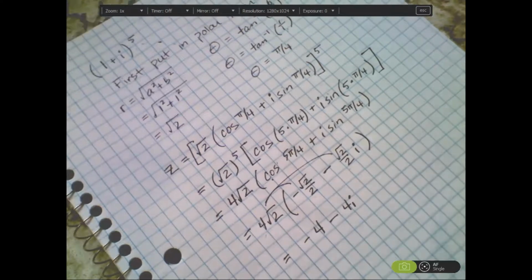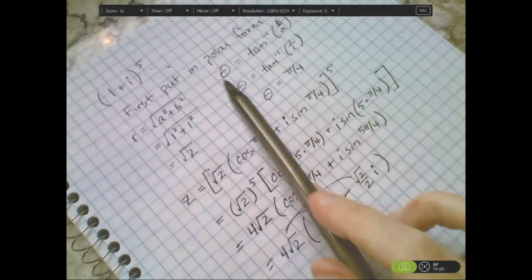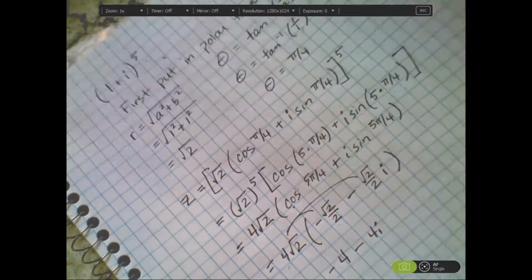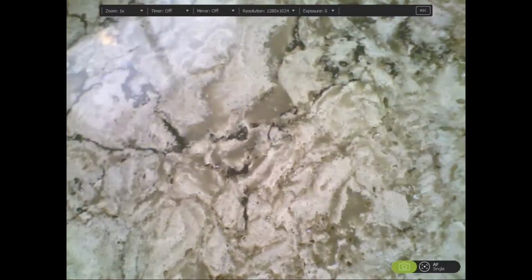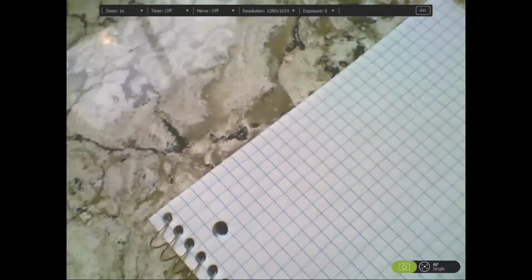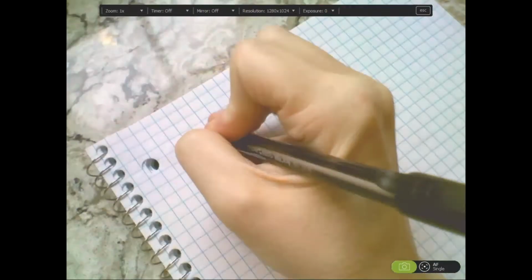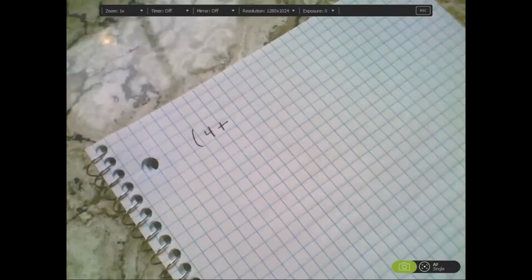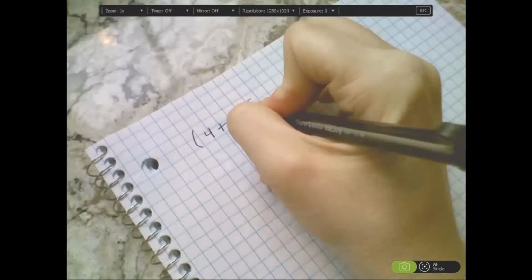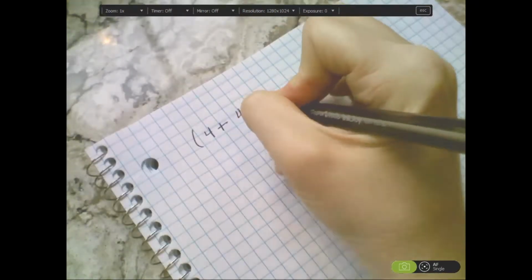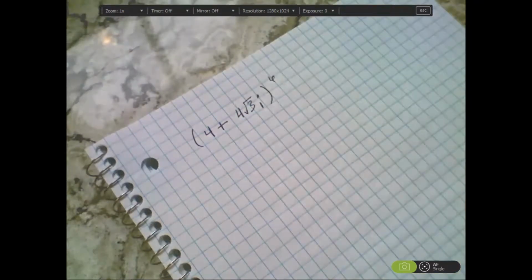Okay, I'm going to do one more like this one where you have to do all this first bit. So this one, we've got 4 plus 4 root 3 i. We want to raise that to the 6th power.